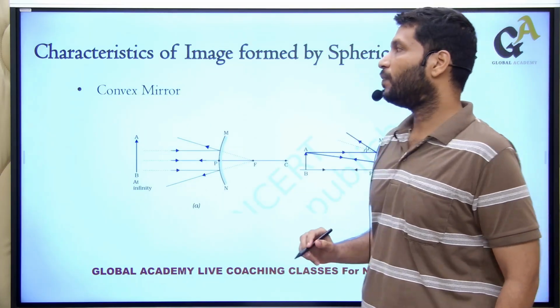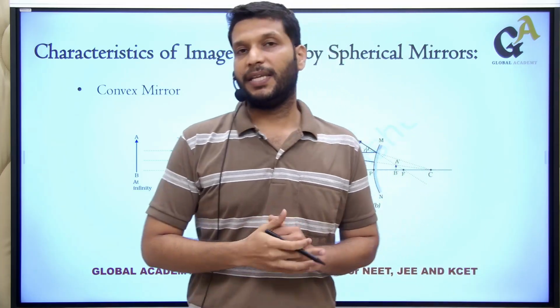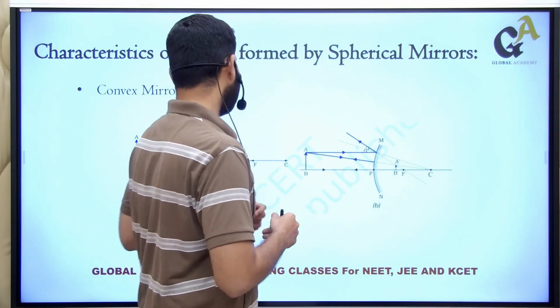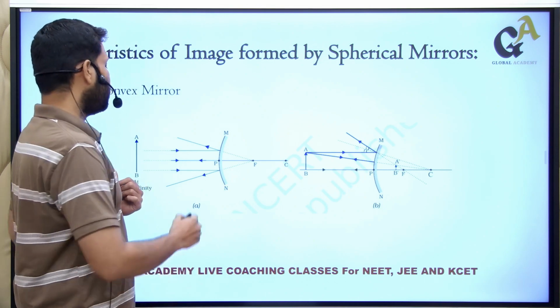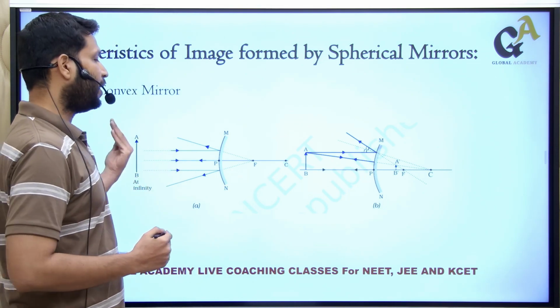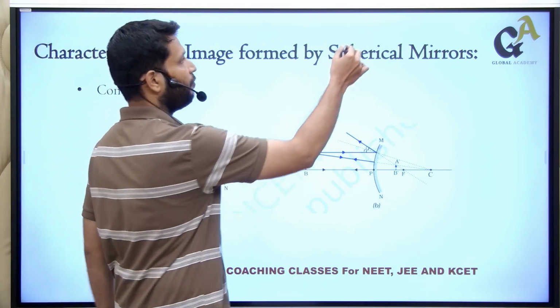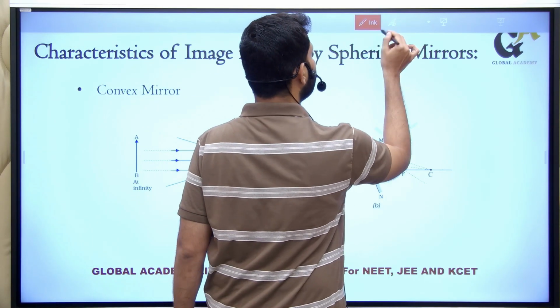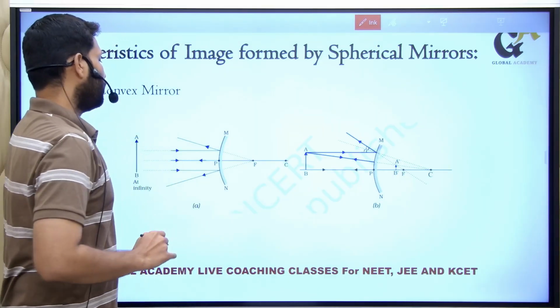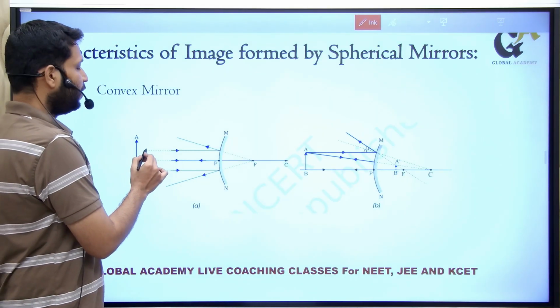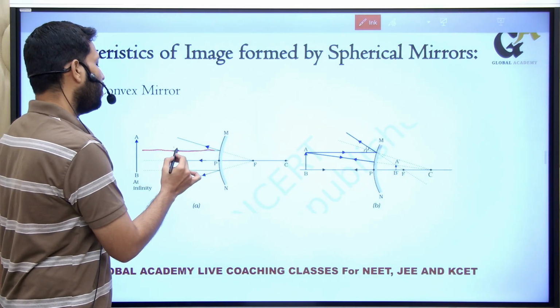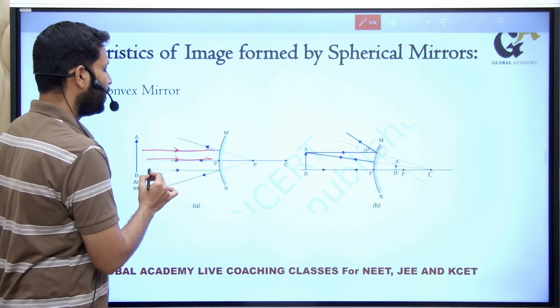So now in the case of the convex mirror, let us see where the image is formed. First one is, if you keep the object at infinity, here the image is formed at F. So you know that if the object is at infinity, the rays coming from it are parallel to the principal axis, right?